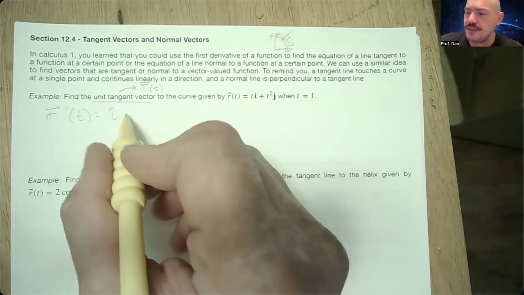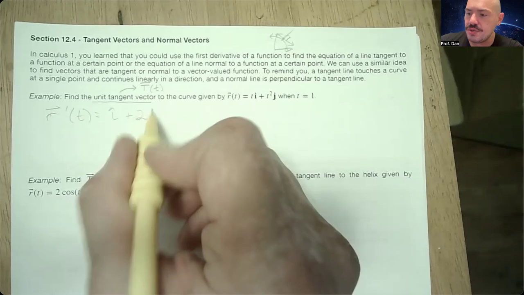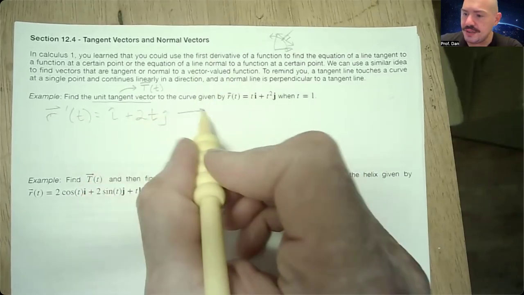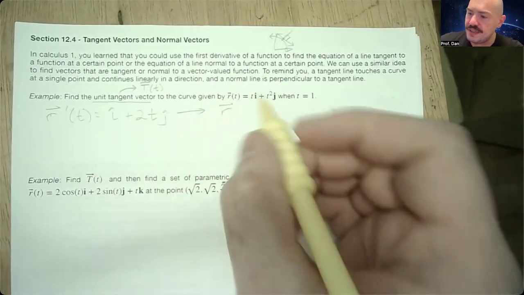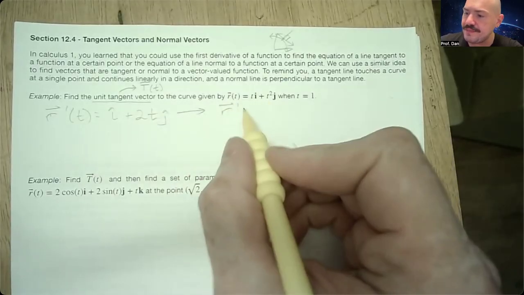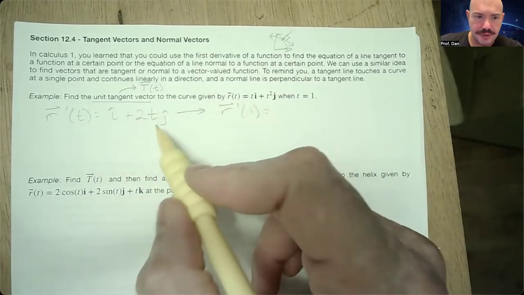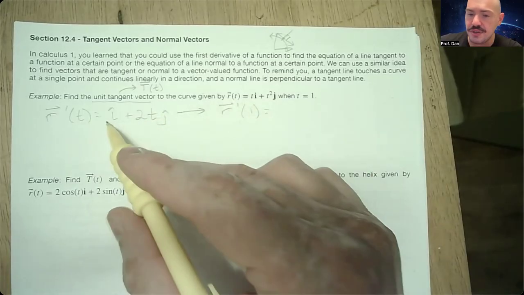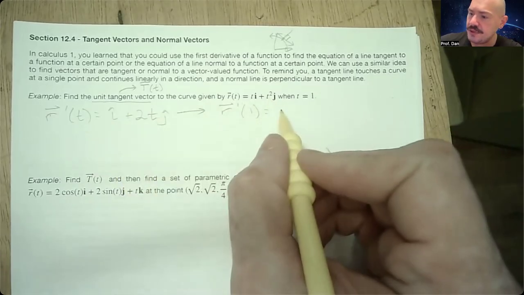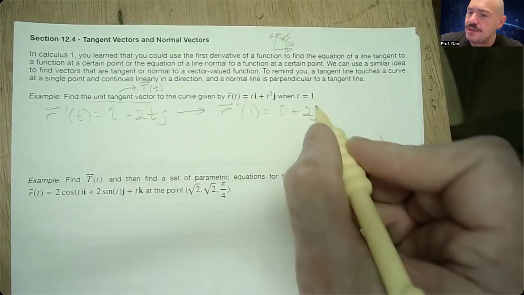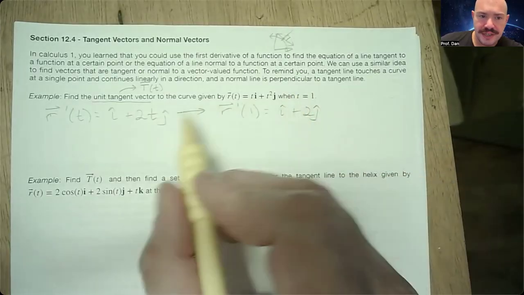Derivative of t squared is 2t, so we get plus 2t j. Now, if I want to know what this is when t is equal to 1, all I have to do is substitute the 1 anywhere that I see a t. Since there's no dependence for the i component, that's still going to be i. And this will be 2j, right? Just plugged the 1 in for this t.